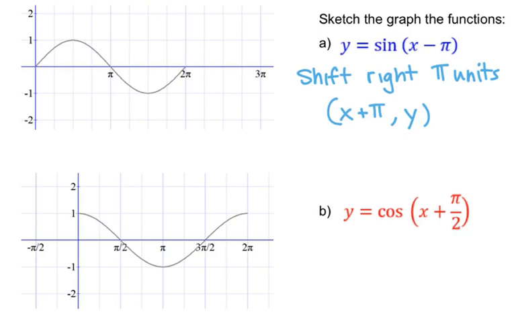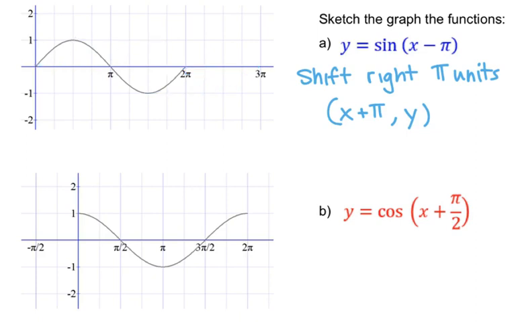So when we think about those key points, our 5 key points here, they are all going to shift forward pi units. We're going to add pi to each of these x's. I think I left one of those points off, but they're all moving forward pi units. So my graph is now going to look like that, and that looks really messy.